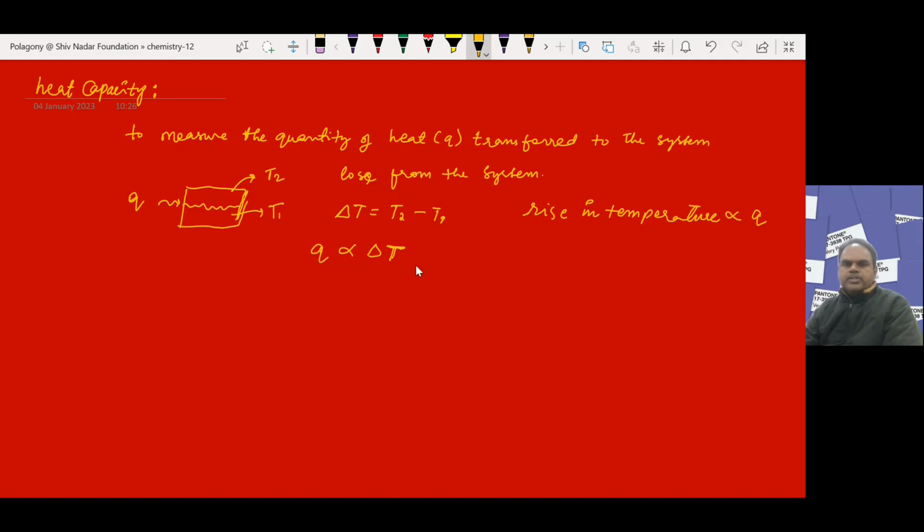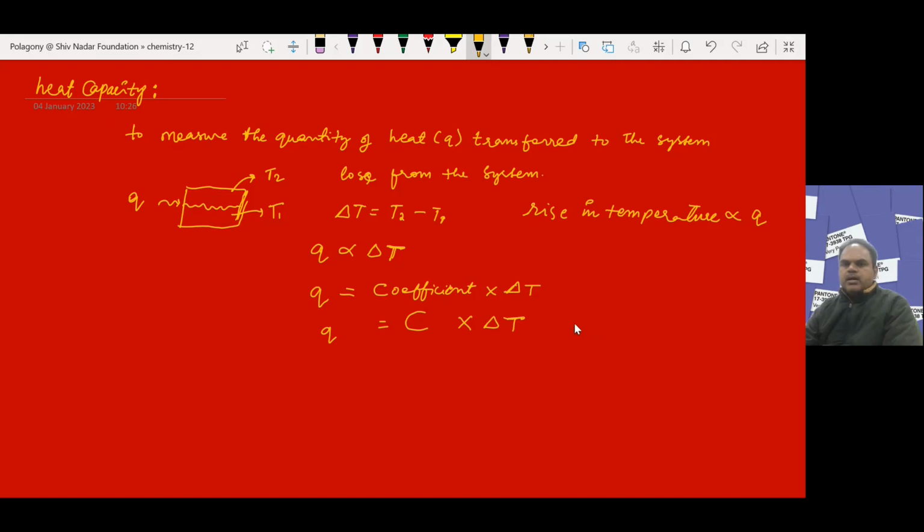If we remove the proportionality, Q is equal to a constant coefficient into delta T.